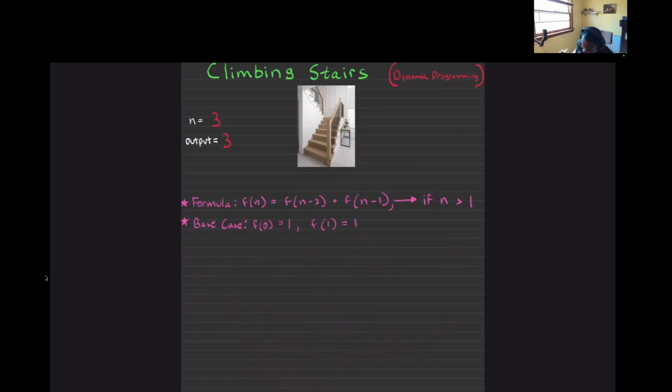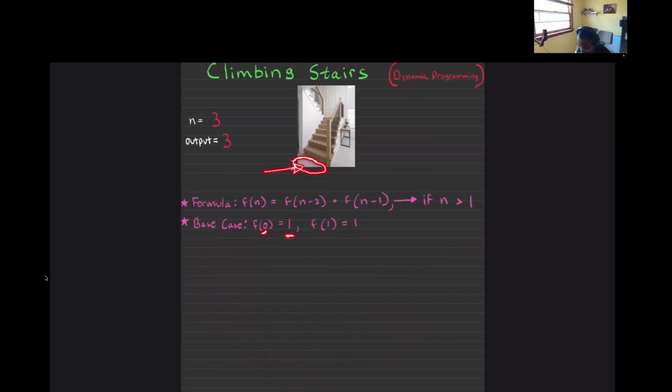So with that being said, the logic here is understanding this formula and the base case. Let's start off with the base case first. What we're passing in here in this function f is the step number. So the 0th step, right here, how many unique ways can you get there?